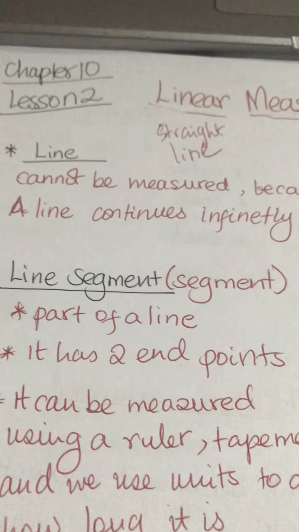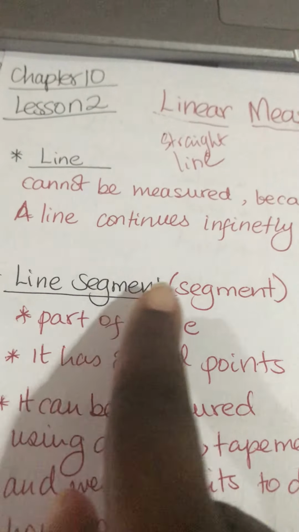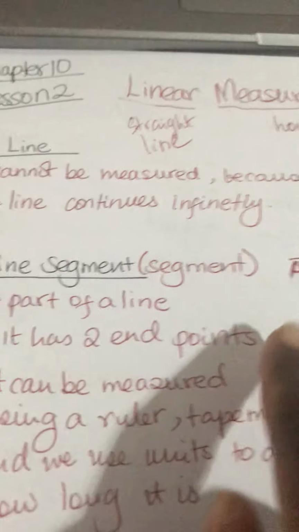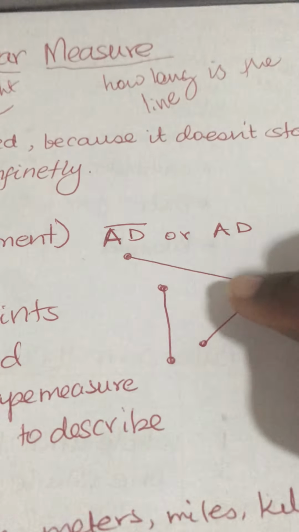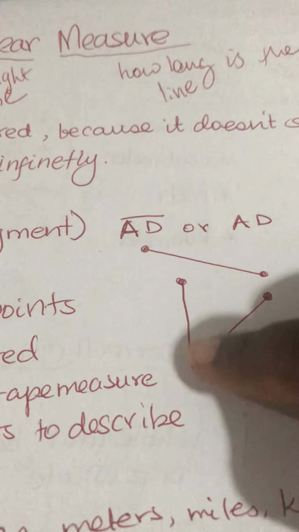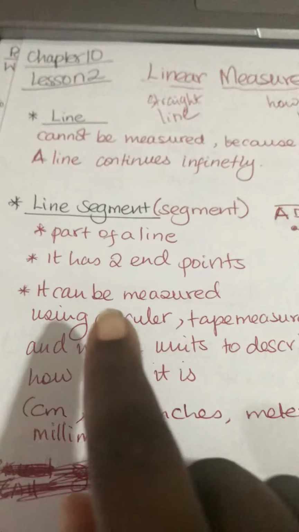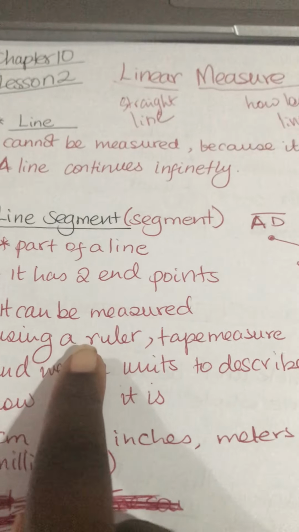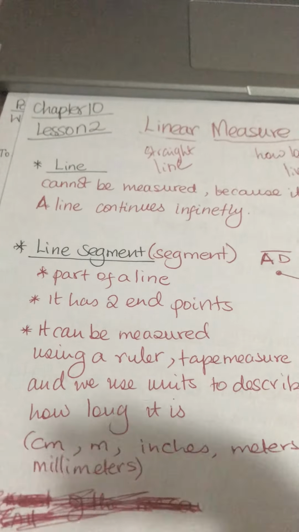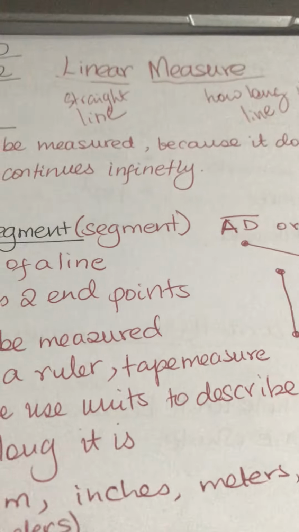It's impossible. So, the line segment is part of a line. It has 2 endpoints. You must put these dots at the end. That's why they're called endpoints, okay? It can be measured using a ruler, a tape measure, and we use units to describe how long it is.